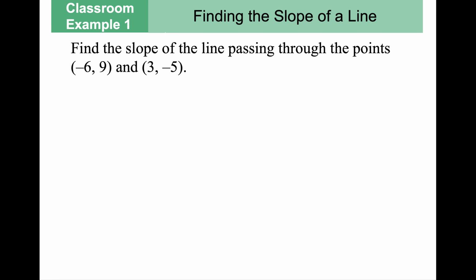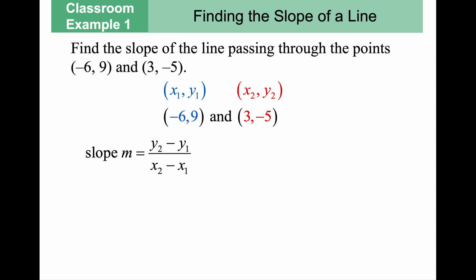So if I have these 2 points, (-6, 9) and (3, -5), I'm going to label my x's and my y's together so that I'm clear. This is a great habit when you're showing your work to do it in this manner. Then you're going to take the two y coordinates and subtract them. So -5 minus 9, 3 minus -6.